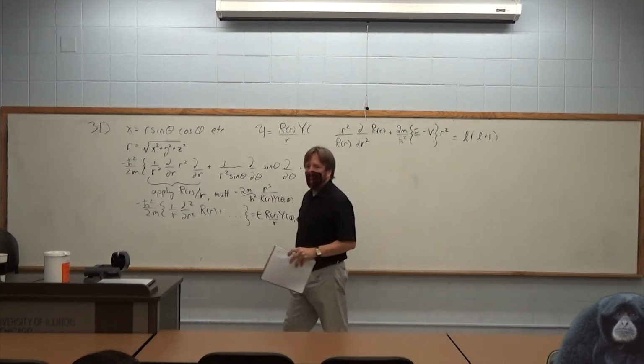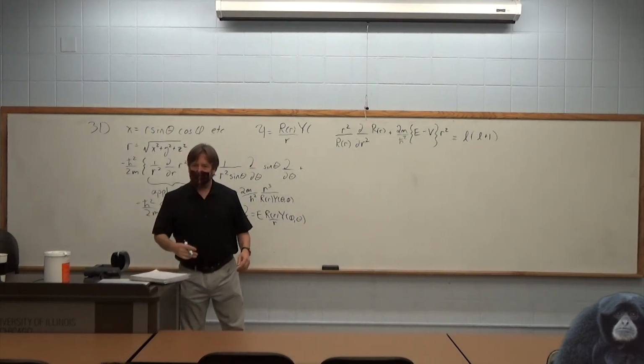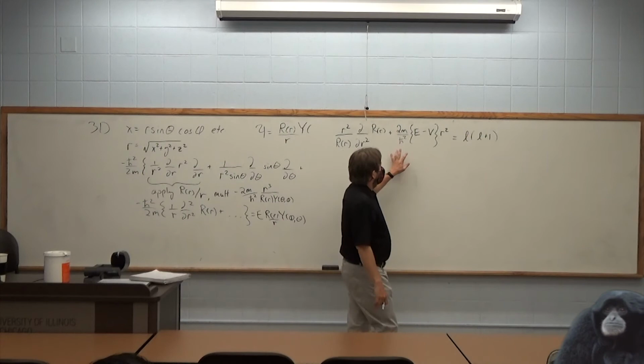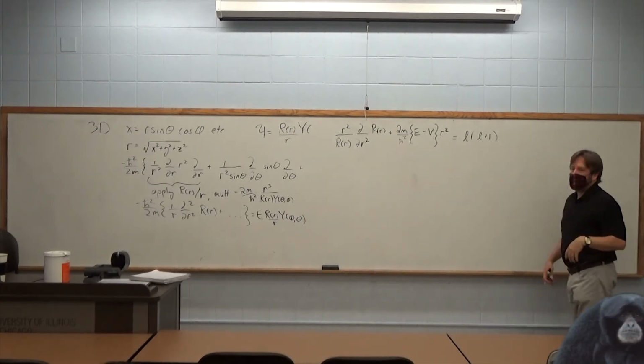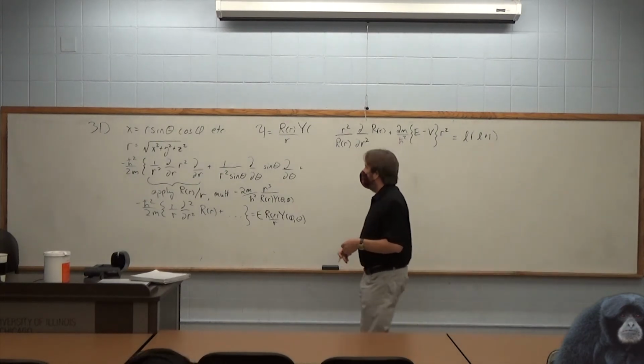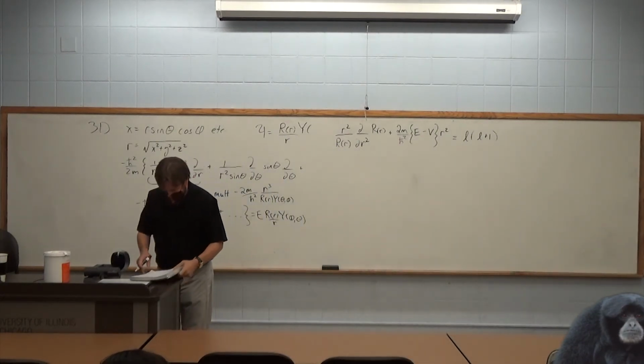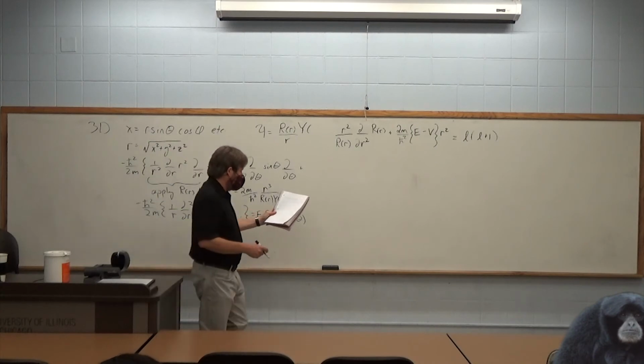There you go. So this is what Bessel had to solve. The R part is equal to a constant. Now you solve that. And Bessel did.